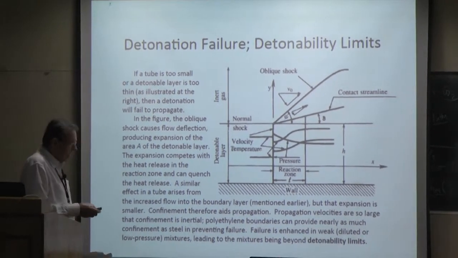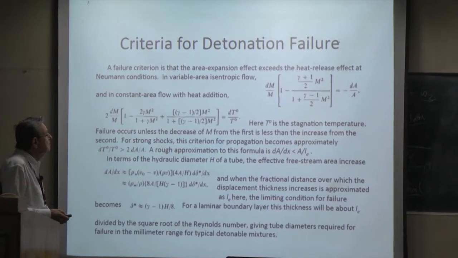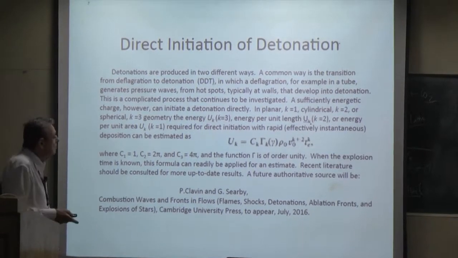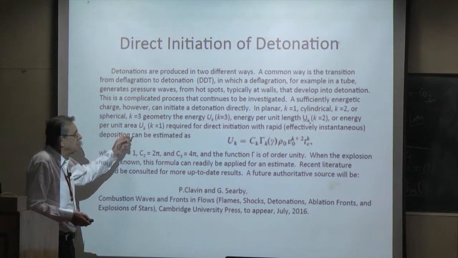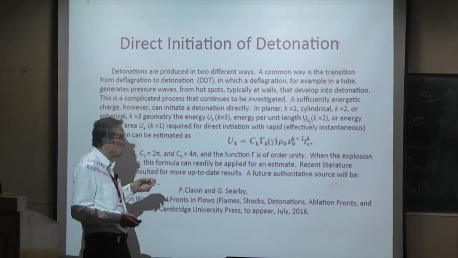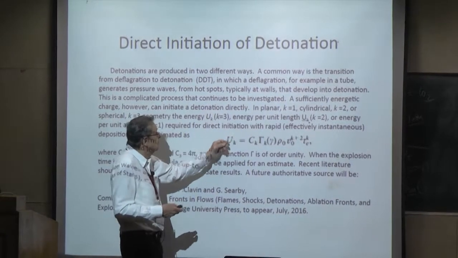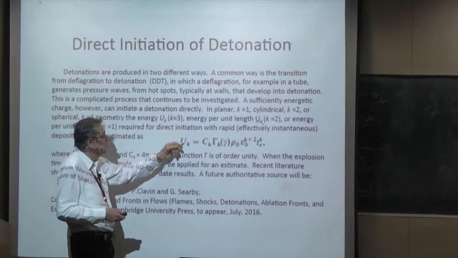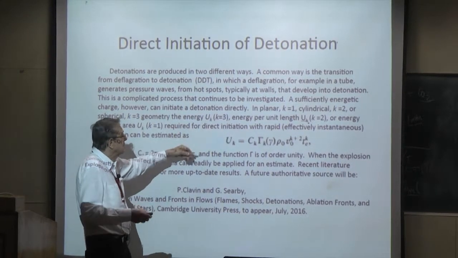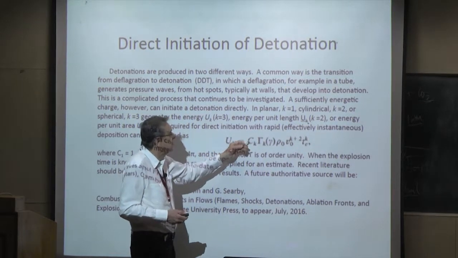Then the last two things here are detonation failure and direct initiation of detonation. I did mention in answer to one of the questions that detonations could be generated directly by depositing enough energy instantaneously, and depending on whether it's 1, 2, or 3 dimensions, energy per unit area, or energy per unit volume, deposited.